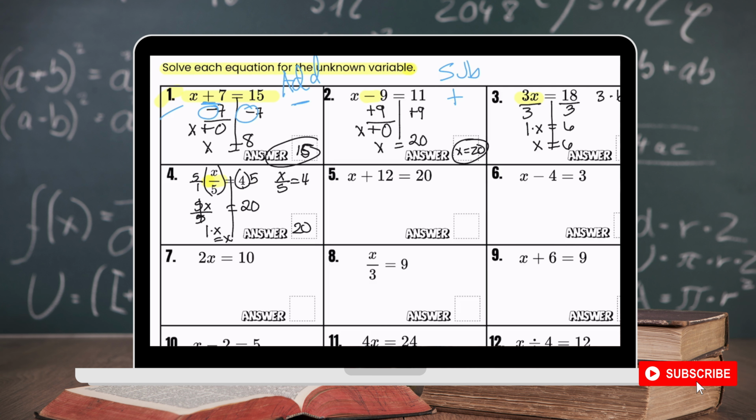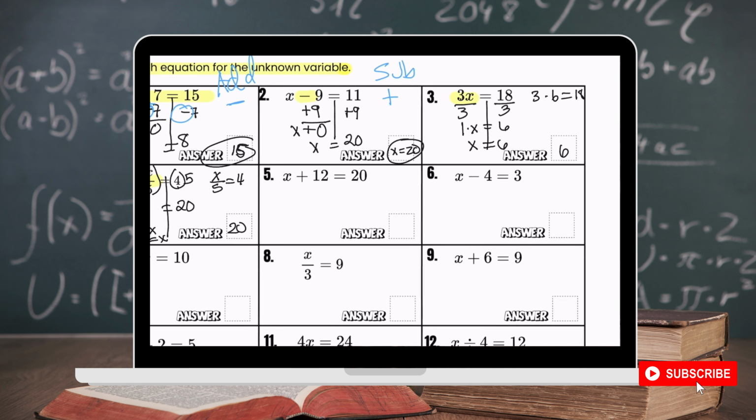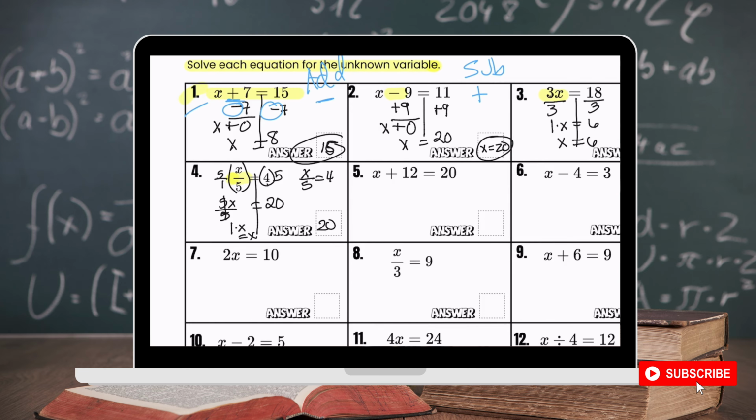Okay, and then we solve for x. On number 3, we have a multiplication, and the inverse operation of multiplication, if we multiply, we're going to divide. Okay, and then lastly, we did division. All fractions are division problems, so the inverse operation of division means that we multiply both sides.